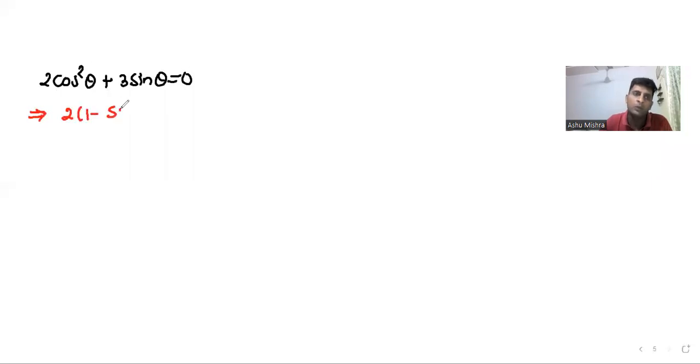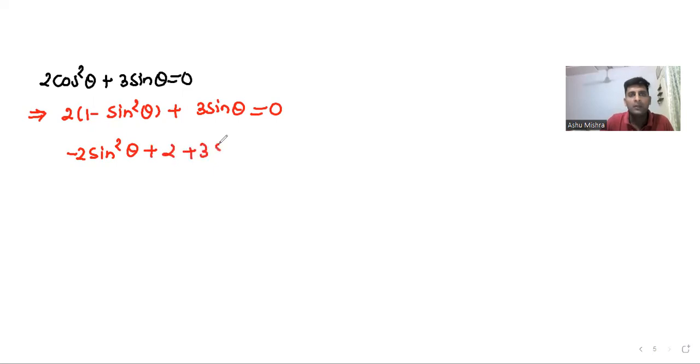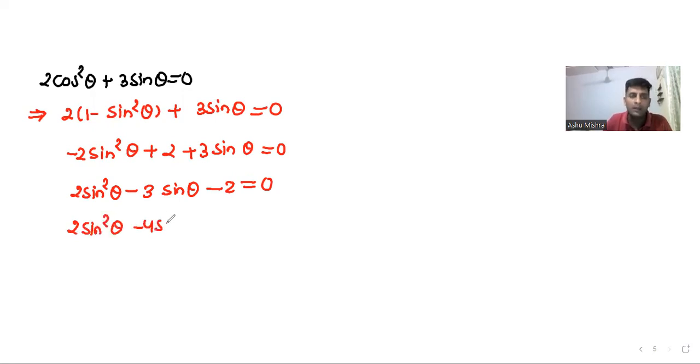That means 2 into 1 minus sin square theta plus 3 sin theta equals 0, or minus 2 sin square theta plus 2 plus 3 sin theta equals 0, or 2 sin square theta minus 3 sin theta minus 2 is equal to 0. Then factorize the equation: 2 sin square theta minus 4 sin theta plus sin theta minus 2 is equal to 0.